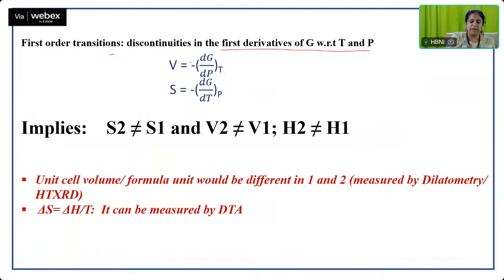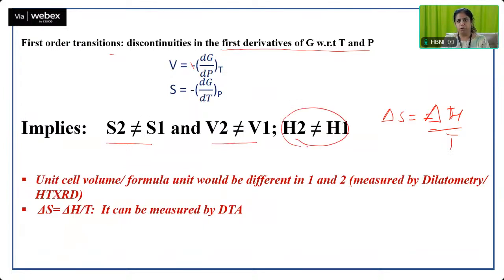This implies that at phase transition temperature, S2 is not equal to S1, and V2 also should not be equal to V1. And by corollary, because your delta S is delta H upon T, delta H will also not be equal to 0. That is, the enthalpies of the two phases would be different.